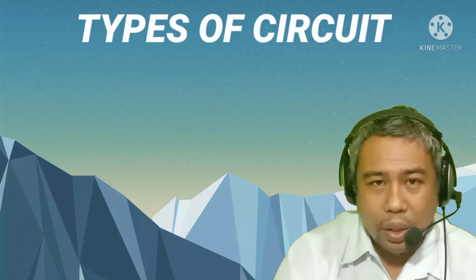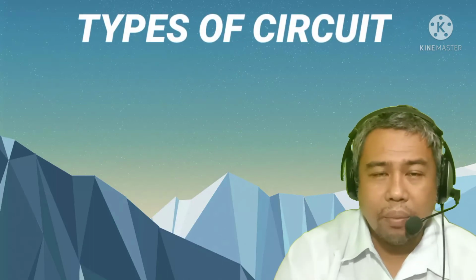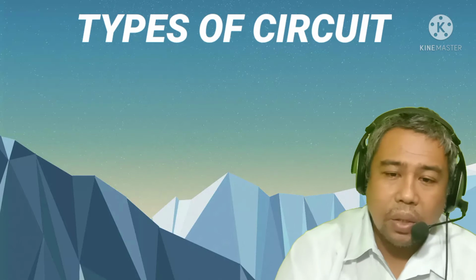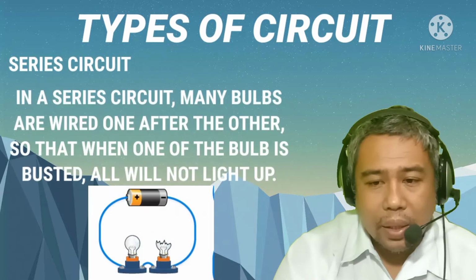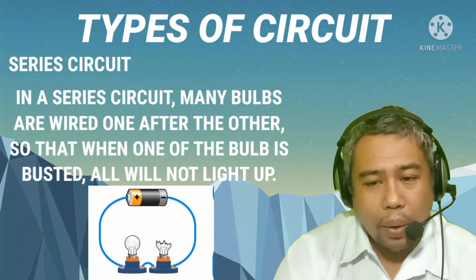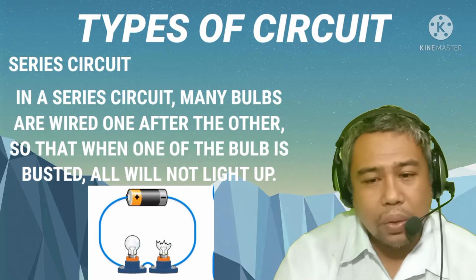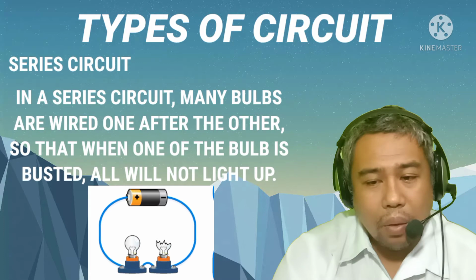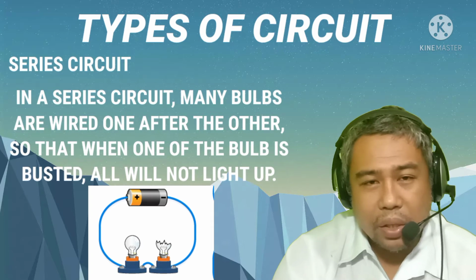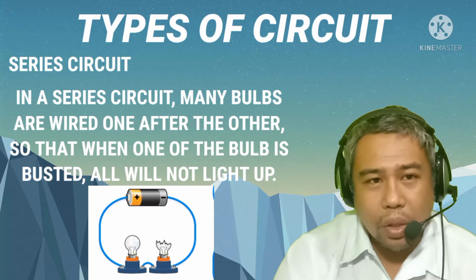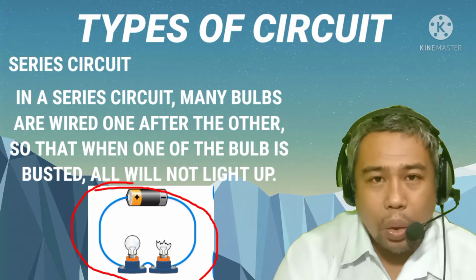So let us now proceed to the types of circuit. First, we have a series circuit. In a series circuit, many bulbs are wired one after the other so that when one of the bulbs is busted, all will not light up. It means that in a series circuit, the connection must be in one loop.